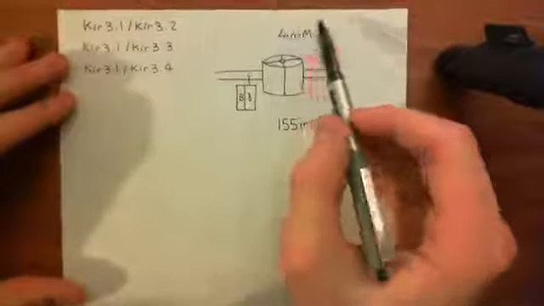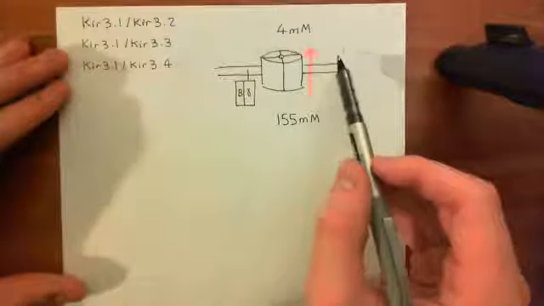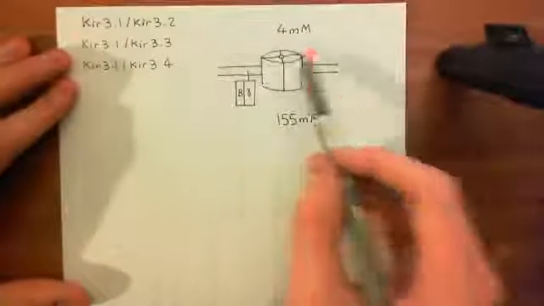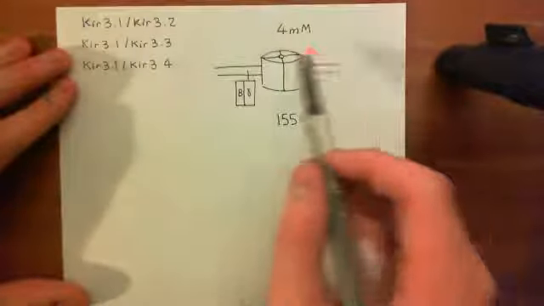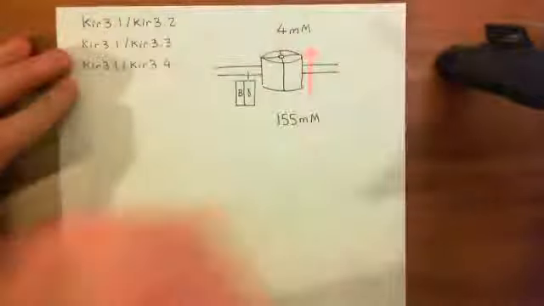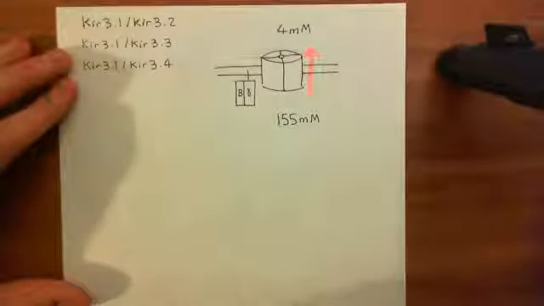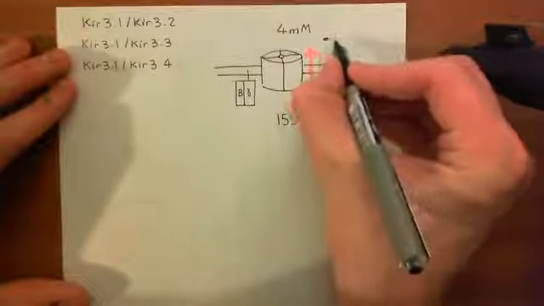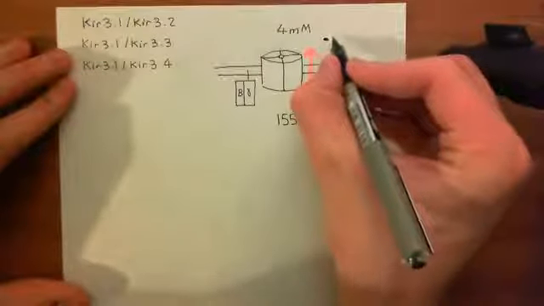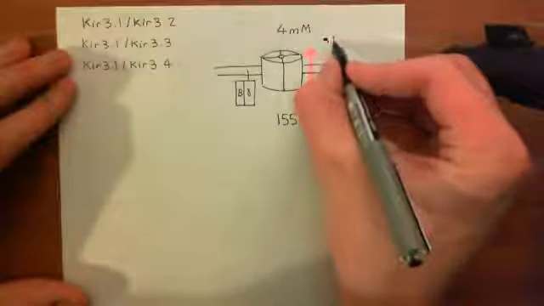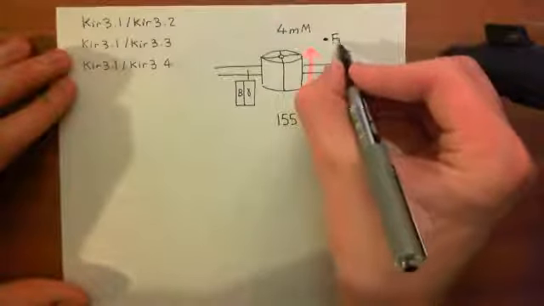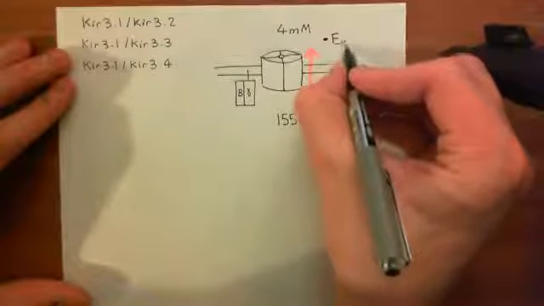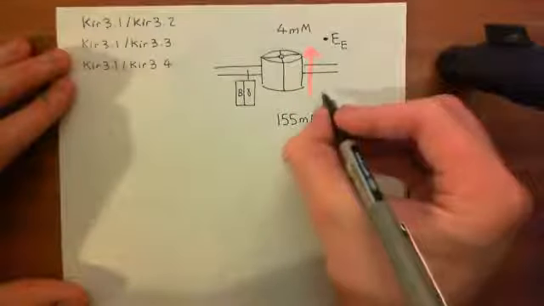Now, basically, all of the points outside the cell are in electrical equilibrium with one another and have the same electrical potential as one another. So this little man can go to a point outside the cell and he can measure the electrical potential of the extracellular compartment, and we'll call this big E for electrical potential, and then we'll subscript it E for extracellular.